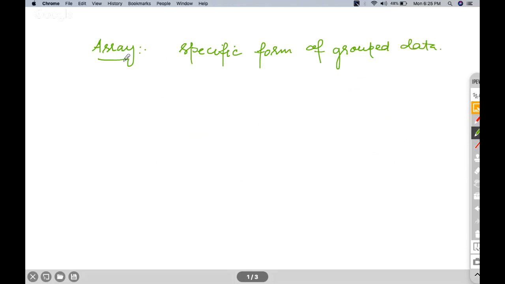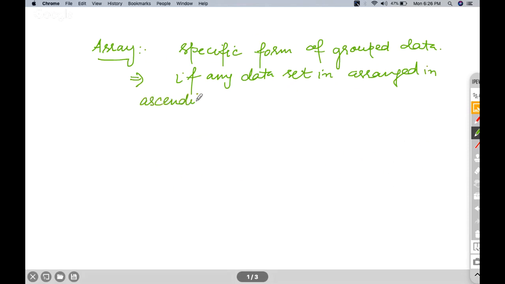That specific form is nothing but: if any numerical data, any data set is arranged in ascending or descending order, that is called an array.